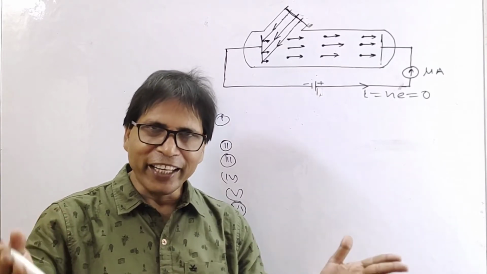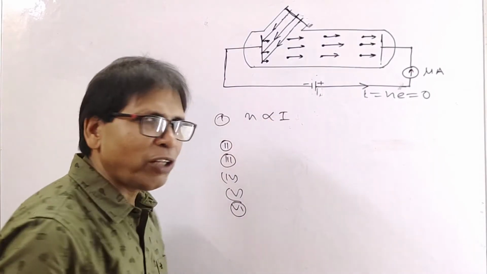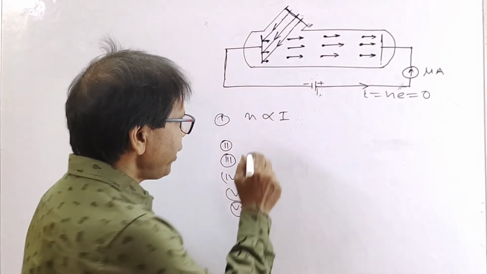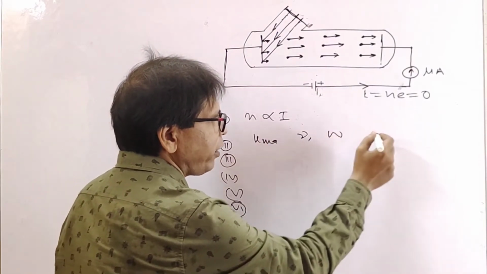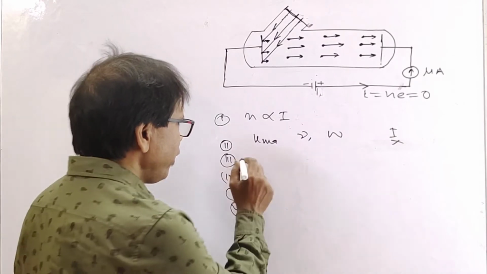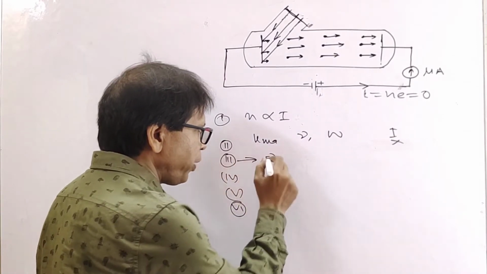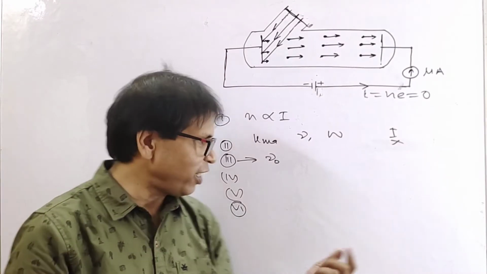Okay. Now a recap. Number 1, the rate of emission is directly proportional to intensity of radiation. Kmax depends on nu and work function but is independent of intensity of radiation. Now the minimum frequency of radiation by which emission takes place is called threshold frequency.